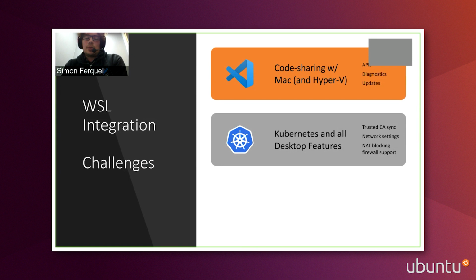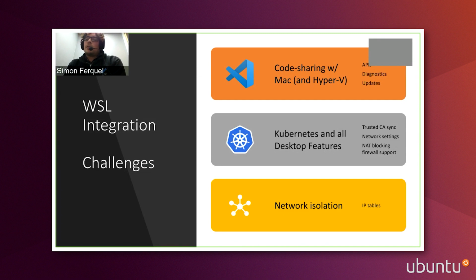Something that we support is not blocking firewall. That's because we actually run our own networking stack, and we make every network call that comes from the VM appear to firewalls as coming from the Windows host itself. So if your firewall is blocking NAT traversal, it shouldn't block traffic coming from Docker with Docker Desktop.